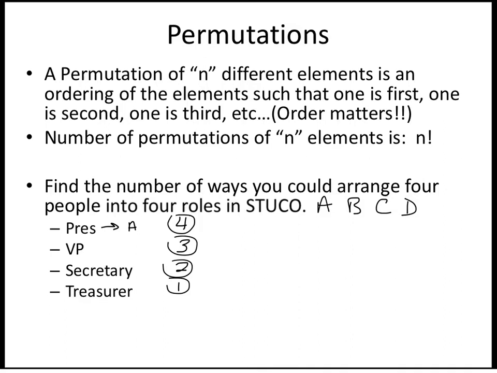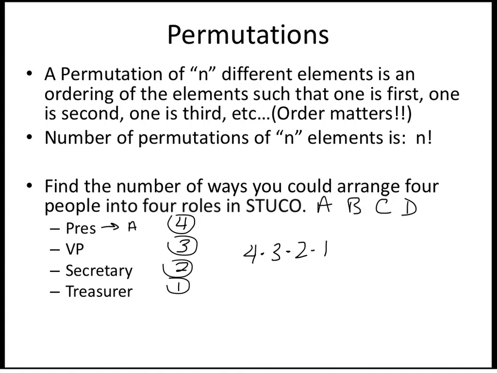Well, that means that the number of ways I can arrange this is 4 times 3 times 2 times 1. Okay? And why times? Well, because we want to do president and vice president and secretary and treasurer.